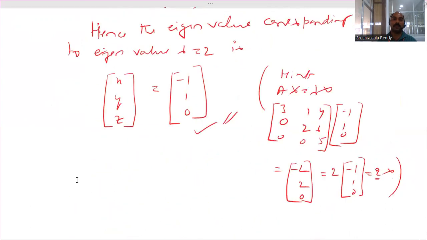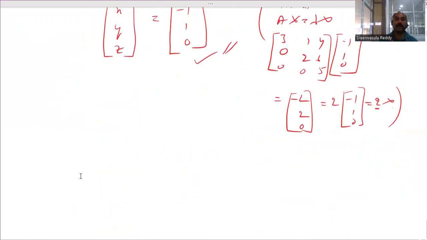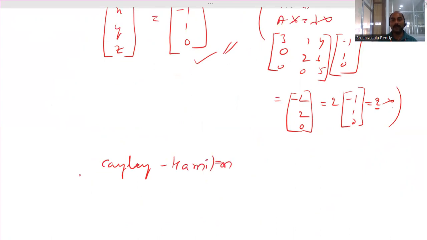So the first problem on the Cayley-Hamilton theorem. The other part is your homework. Many times we saw the names Cayley-Hamilton, in graph theory, in network theory, the Hamiltonian graph, Eulerian graph.